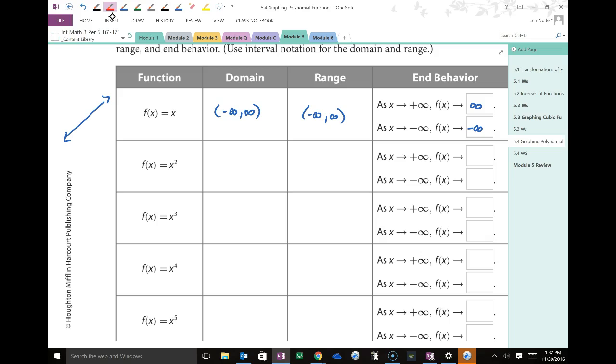Okay, let's talk about x squared. What does x squared look like? Okay, so we have a parabola. Everybody with me, or do I need to still wait for you?